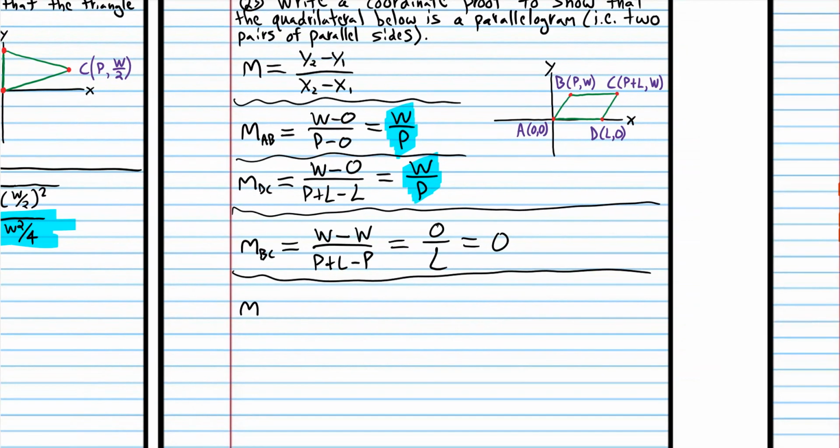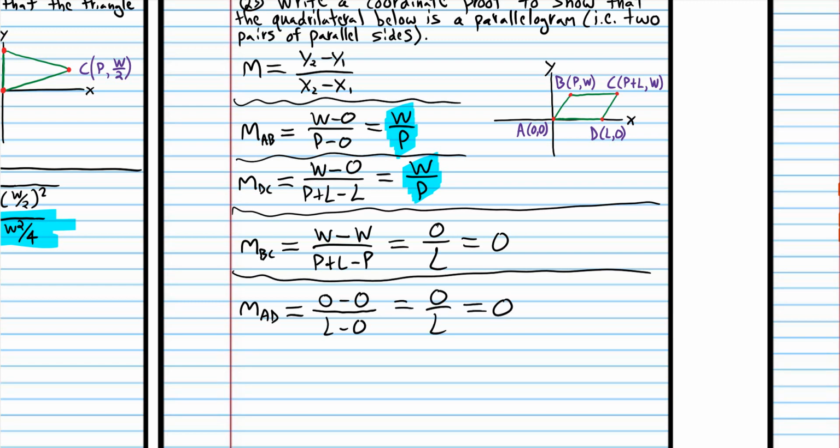So the slope of AD should also be 0. So using A as (0, 1), we have 0 minus 0 over L minus 0. 0 minus 0 is obviously 0, and we have L, and then we just have 0.